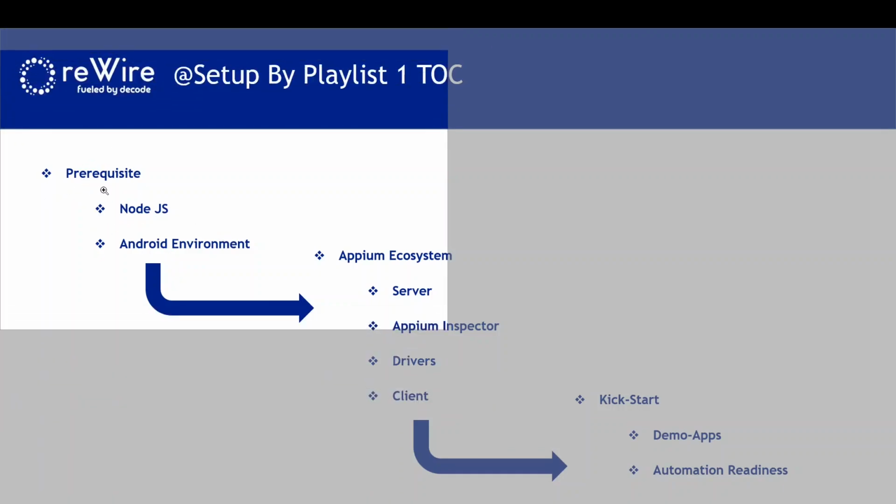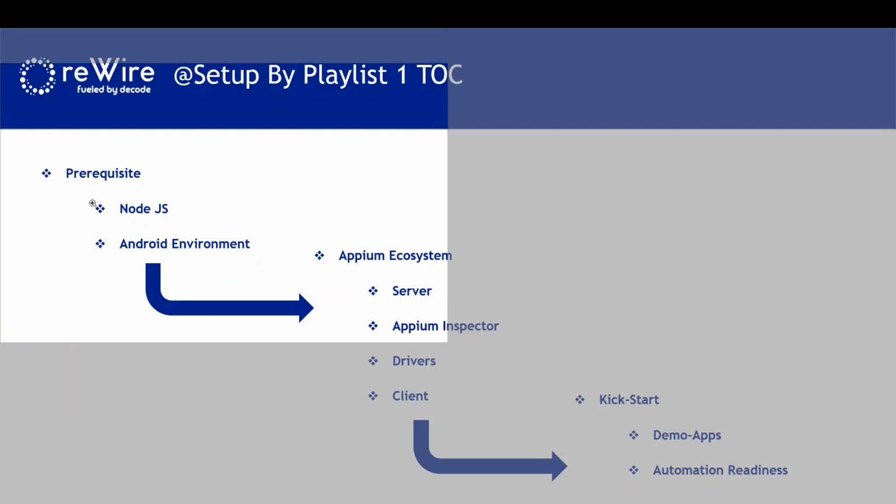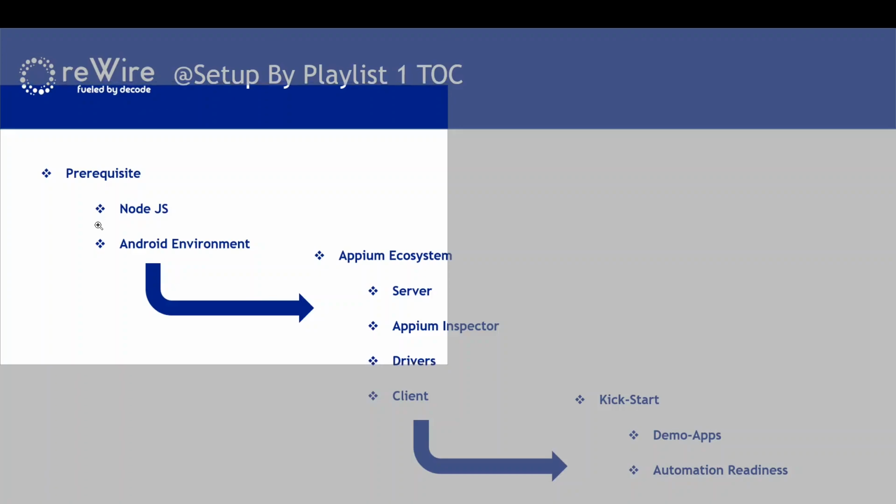What is the prerequisite for any setup? First we have to understand what the prerequisite is, which is predominantly categorized into two ways, hardware and software. So we need to understand, as we are configuring this on one particular system.